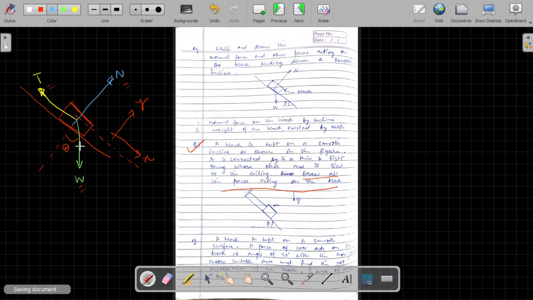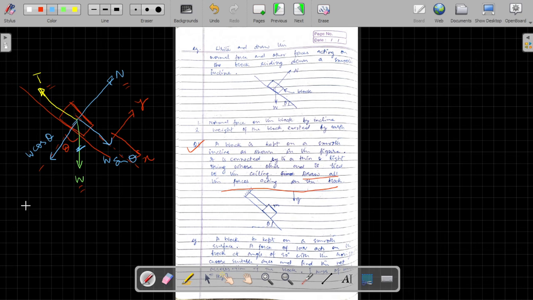The component of weight along the incline would be w sine theta, and the component of weight along this common normal, along the side in which theta is there, would be w cos theta.